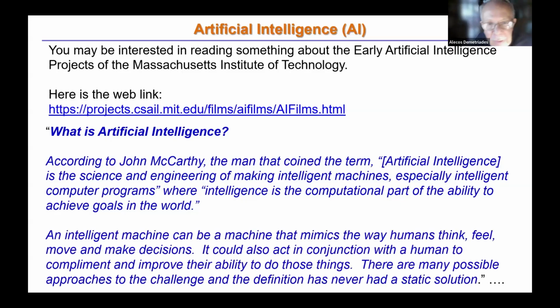An intelligent machine can be a machine that mimics the way humans think, feel, move, and make decisions. It could also act in conjunction with a human to complement and improve their ability to do those things. There are many possible approaches to the challenge, and the definition has never had a static solution.